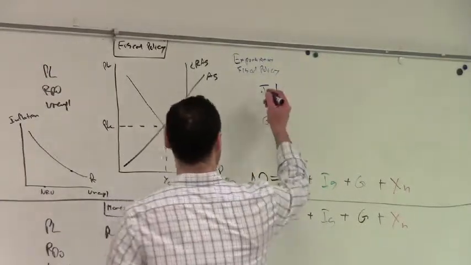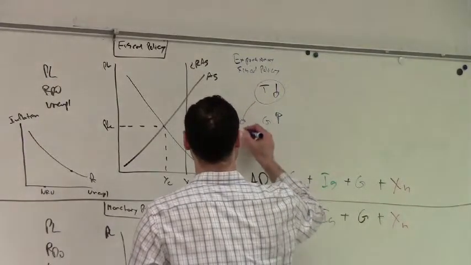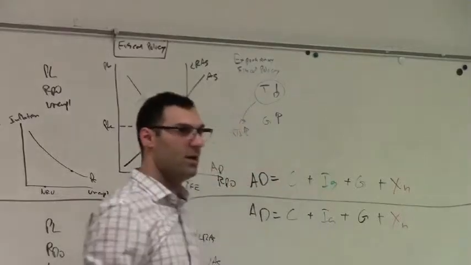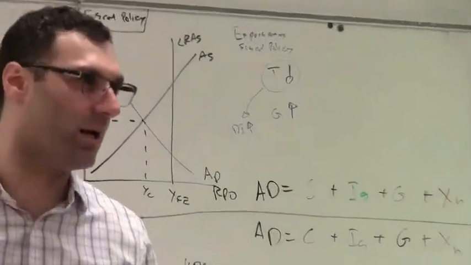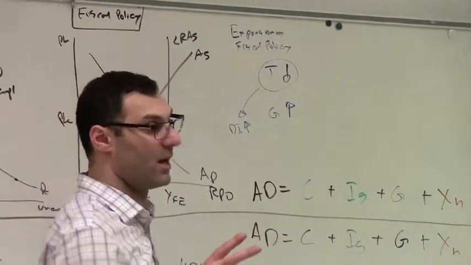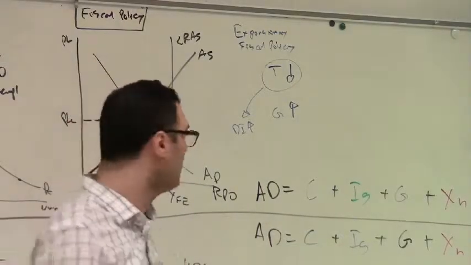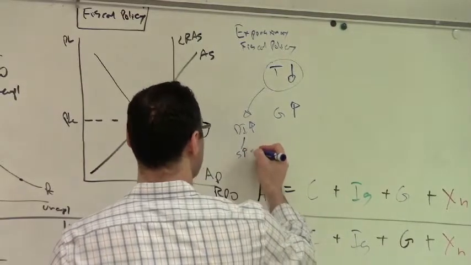Okay, so taxes down. This causes disposable income to increase. It doesn't directly affect consumption yet; people have more money. And if they have more money in their pocket, they do two things with their disposable income. What are those two things? Spend or save. Some part of it they're going to save, so there's more savings.